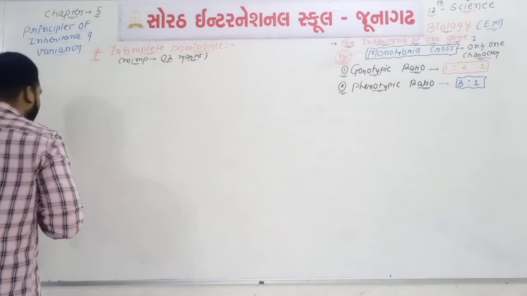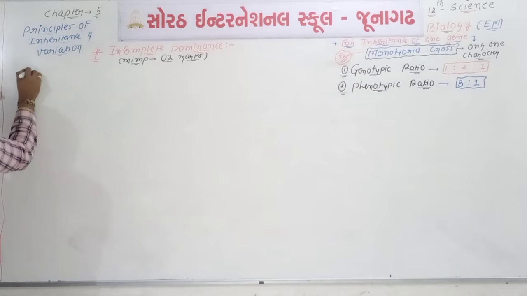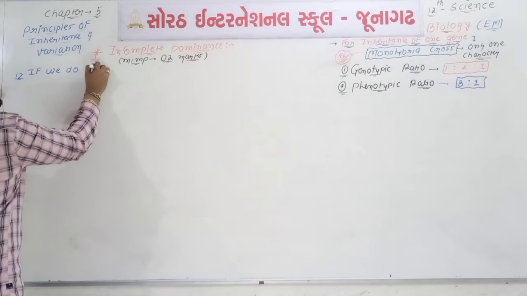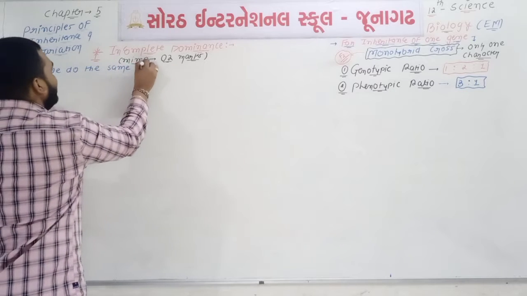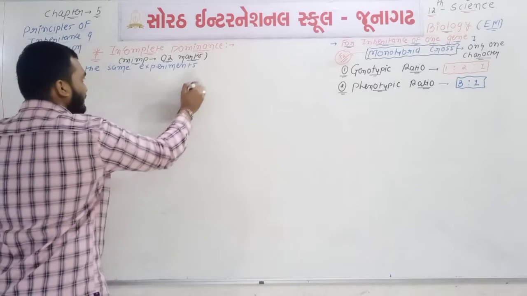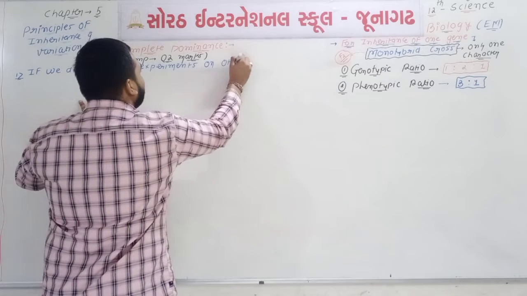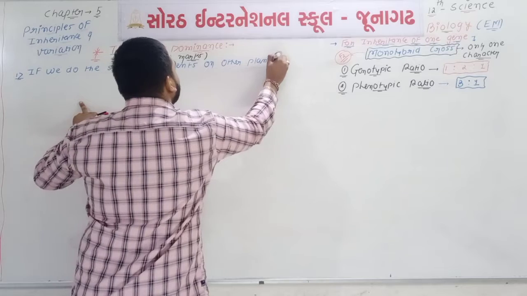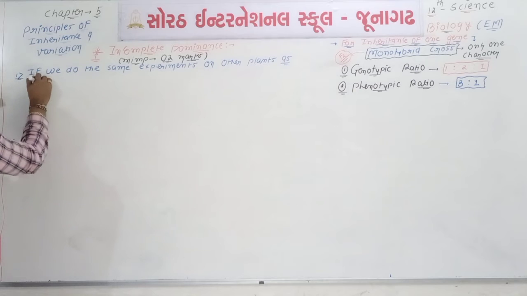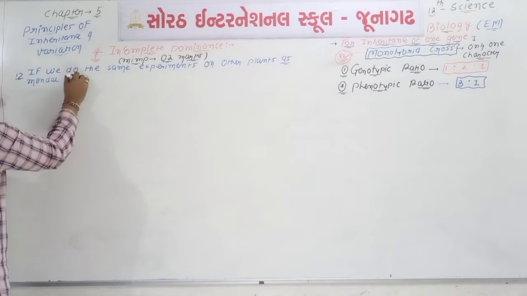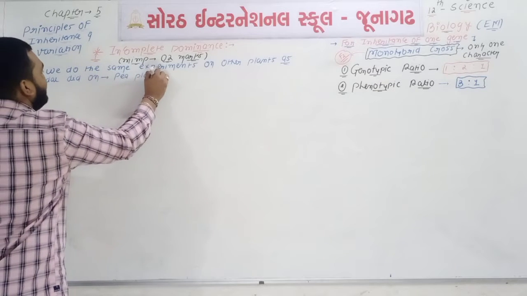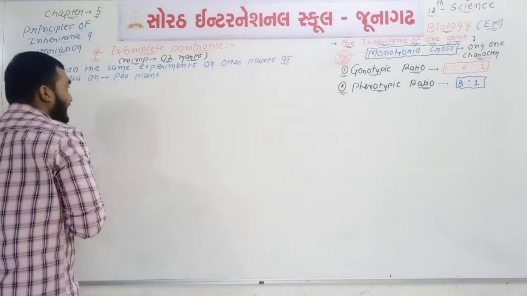See the first point. If we do the same experiments on other plants as those which Mendel did on the pea plant, what is the scientific name of the pea plant?